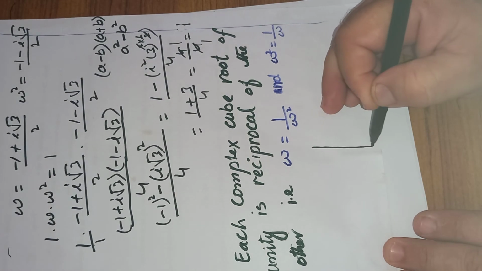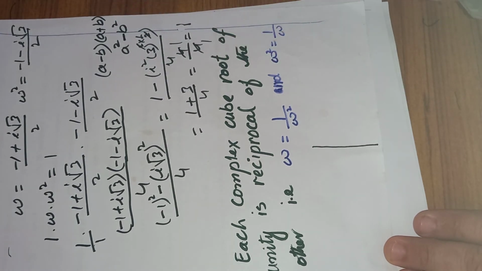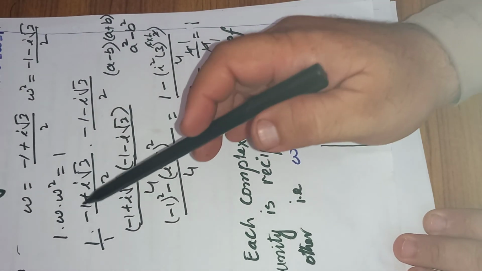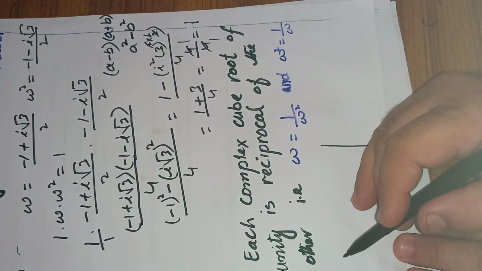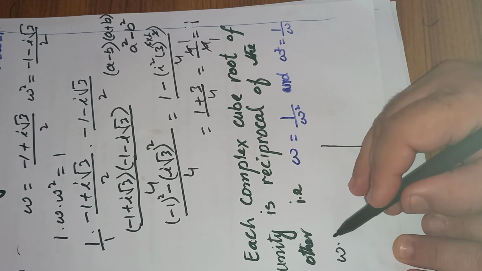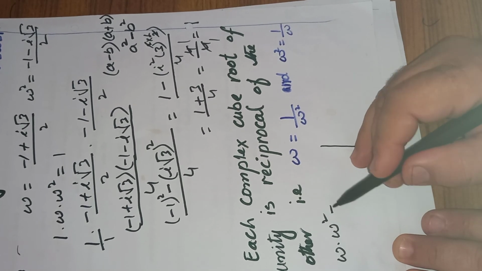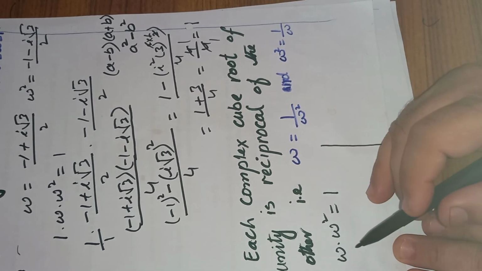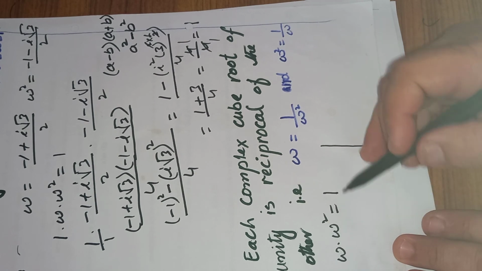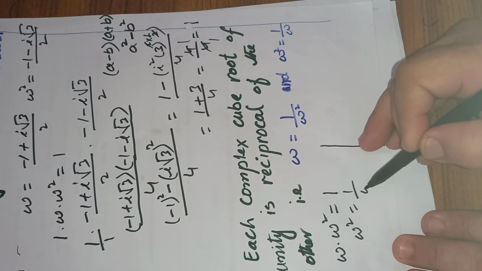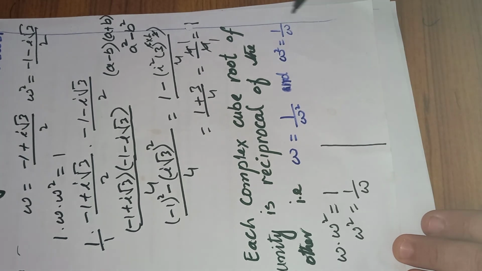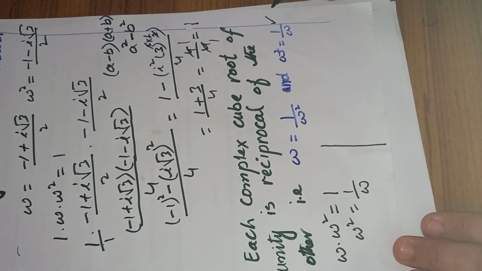There are two parts to it. By the second property, 1 into omega into omega square equals 1. There is no need to write 1, so omega into omega square is equal to 1. When we take omega to the other side, as it was multiplying, it will divide. So this proves what we claim here.